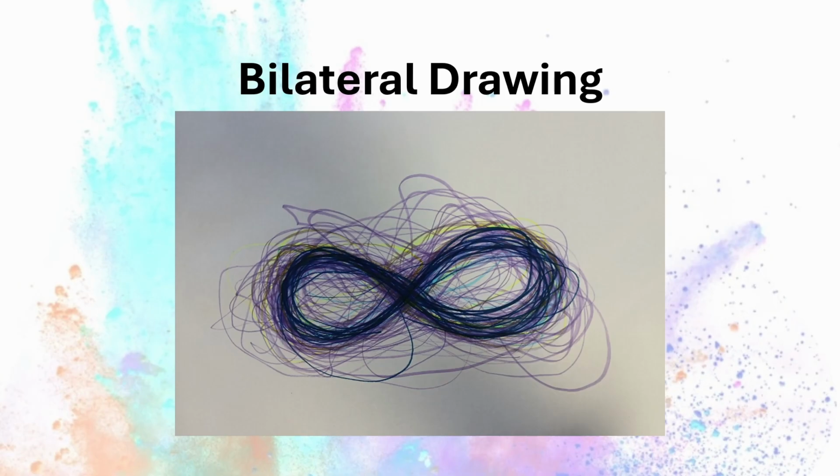And you are there to monitor and, if needed, help regulate them so that they're not getting overly overwhelmed. But you can use any size paper and the movements can be as big or as small as the client wants.